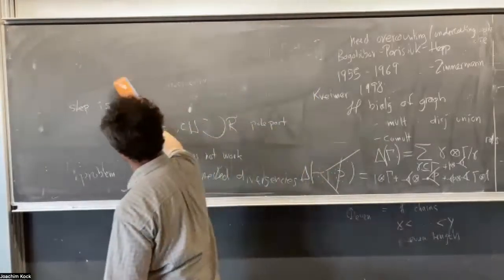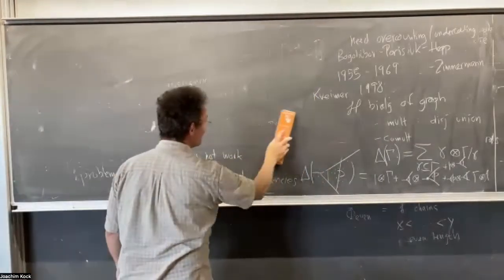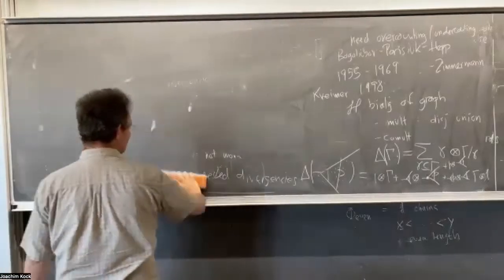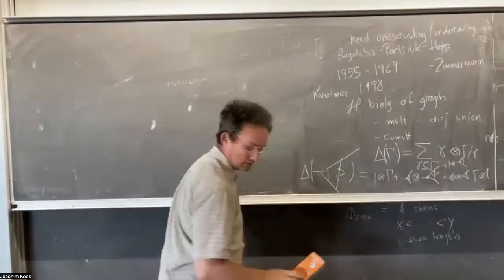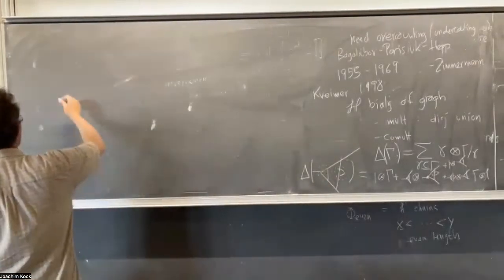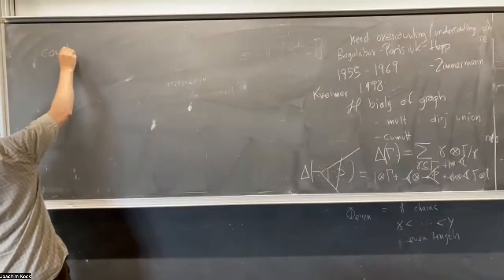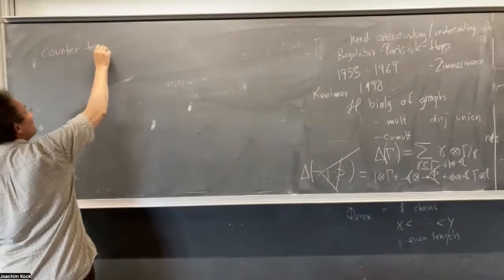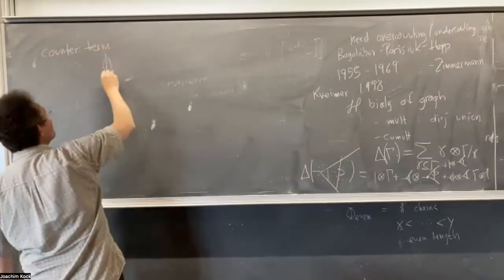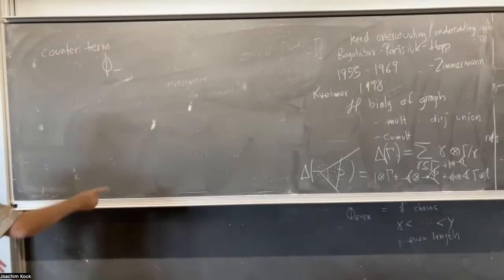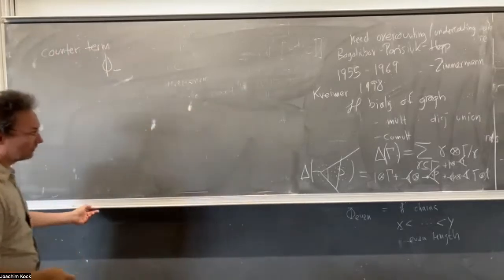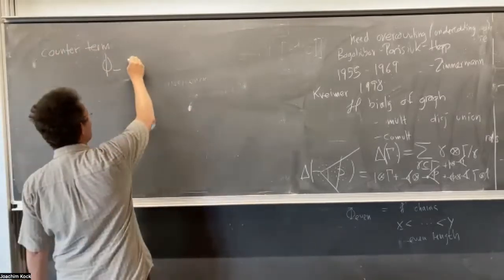Now I write down Bogoliubov's formula in the interpretation of Kreimer. It says first you construct a counter term. So we start with a Feynman rule phi, and first we have a counter term.